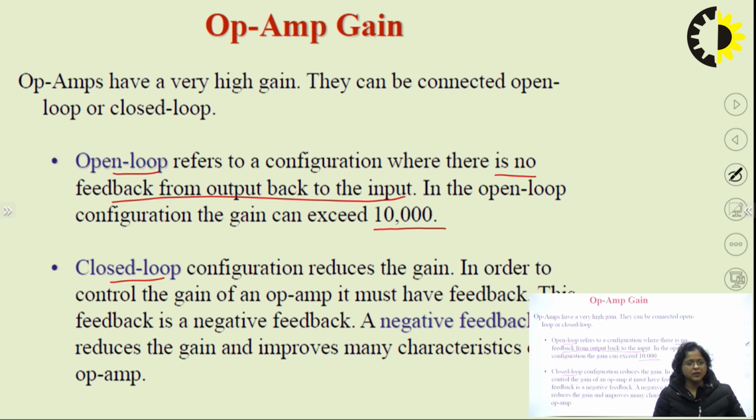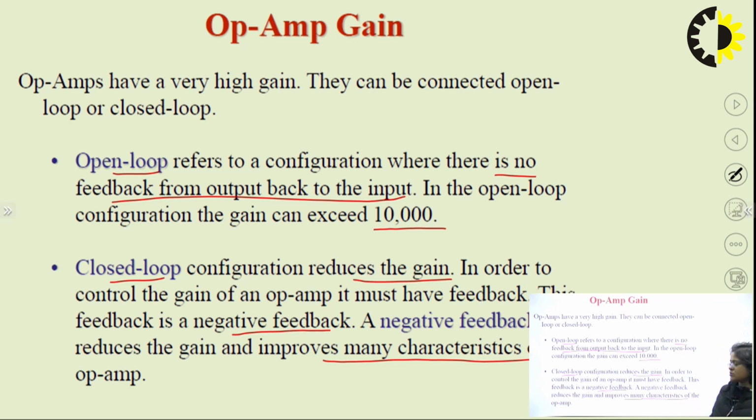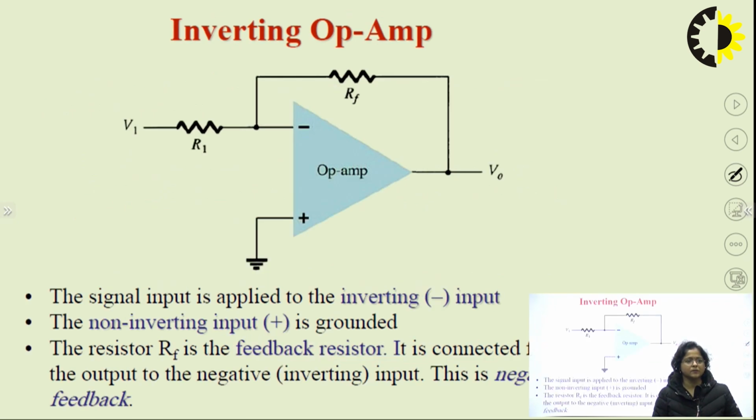And to reduce the gain, we use negative feedback, that is, the output is connected to the negative terminal of input. Negative feedback reduces gain and makes this amplifier feasible for mathematical operations. Negative feedback also improves many characteristics of the op-amp, which we will see later in these slides.